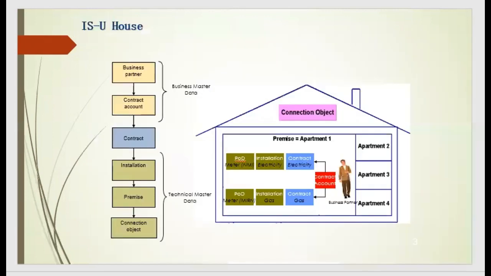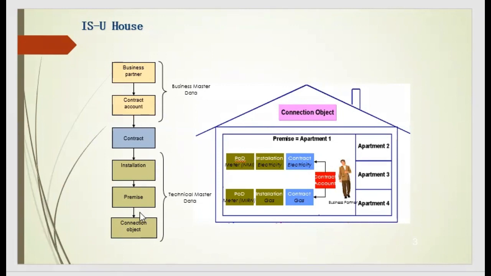But logically, how do we represent this in SAP ISU? As I mentioned, we have connection object, premise, installation, and business master data. When we do a move-in, it links business master data and technical master data and creates a contract, right? So this is how we represent the physical unit in our master data for the billing and invoicing process.